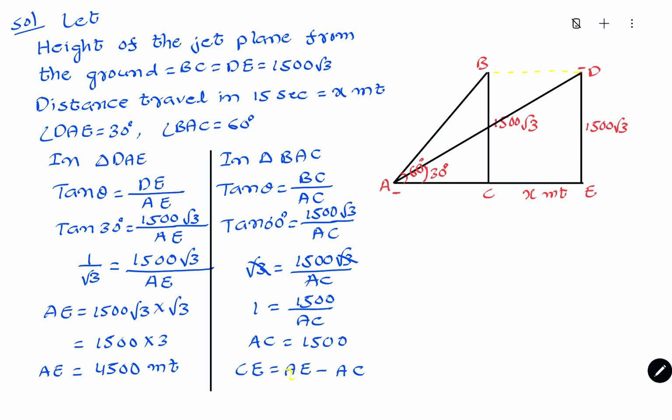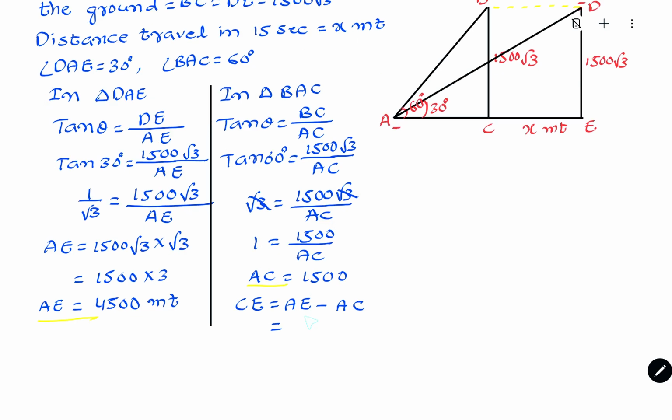Here CE is equal to AE minus AC, which is 4500 minus 1500 meters. Then CE is equal to 3000 meters. Now we get x is equal to 3000 meters. So we get the distance. Now we will find the speed.